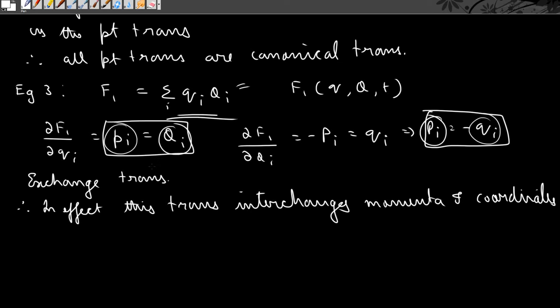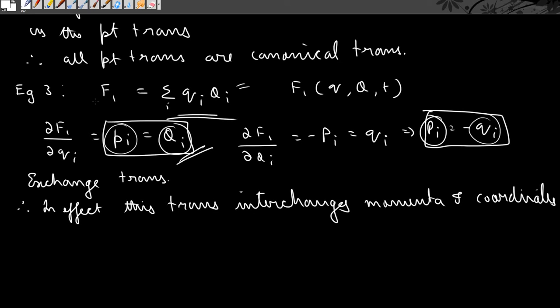And this particular transformation, which is also a canonical transformation, is showing us explicitly what we mean by that: even if you call our coordinates momenta and momenta coordinates, nothing changes, which means our initial statement that P and Q are independent is still valid, and there is not much of a difference between Qi's and Pi's except for their names. Okay, all that we can say is that they are two independent variables.